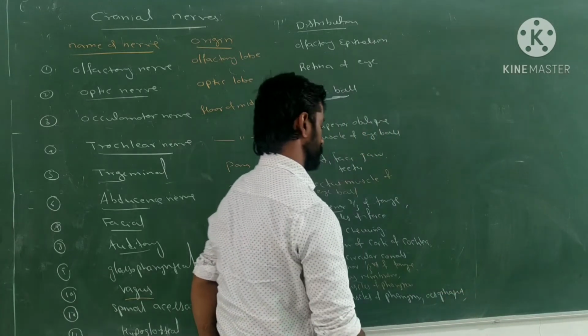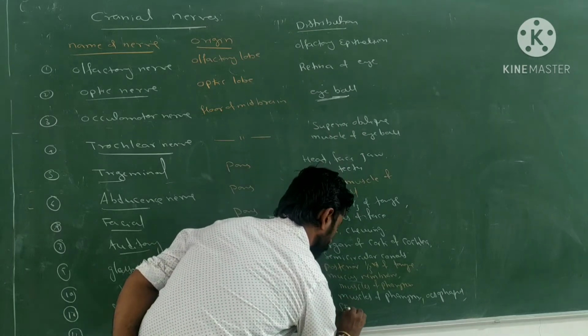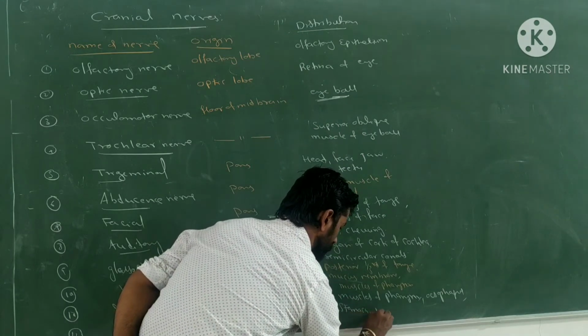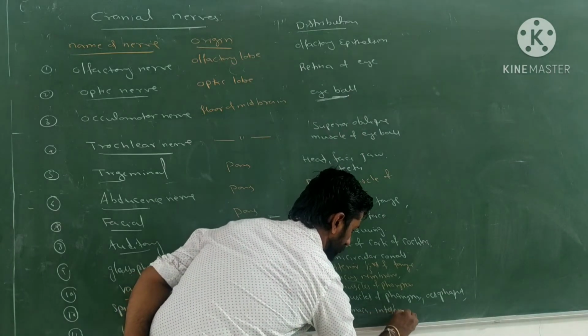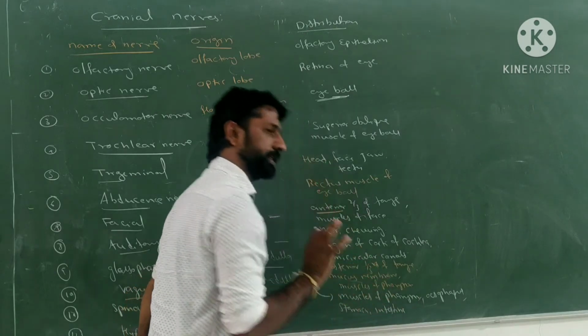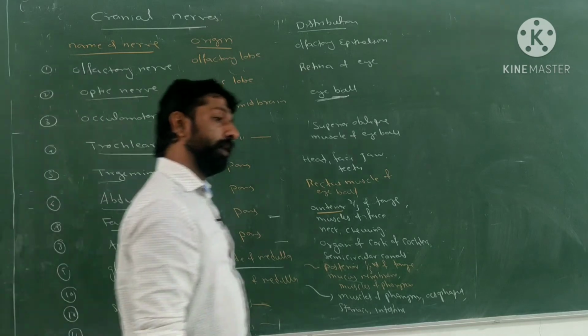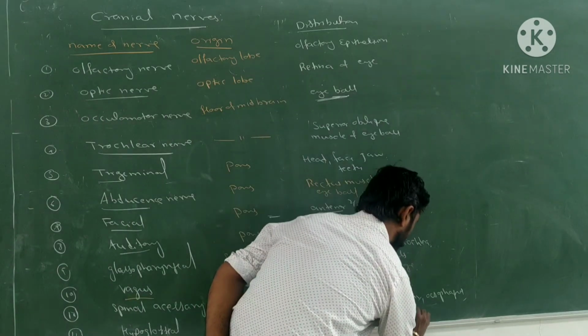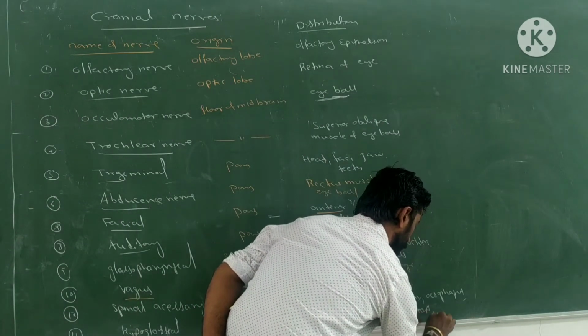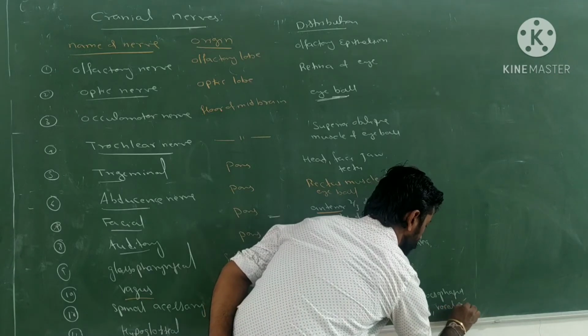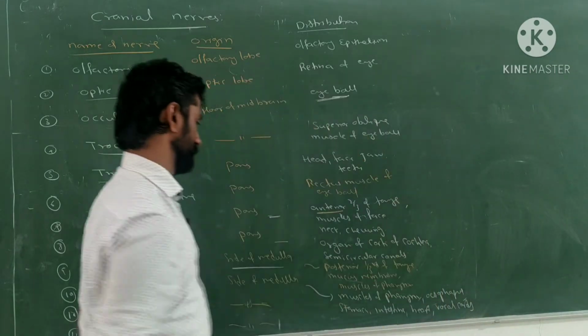After the esophagus, next is the stomach. Next is the intestine. So these are parts of the gastrointestinal tract. Along with that, the heart and vocal cords.